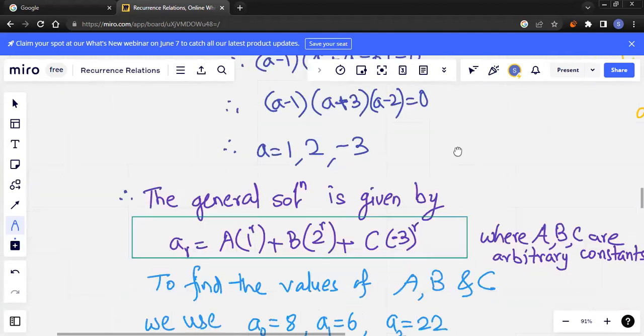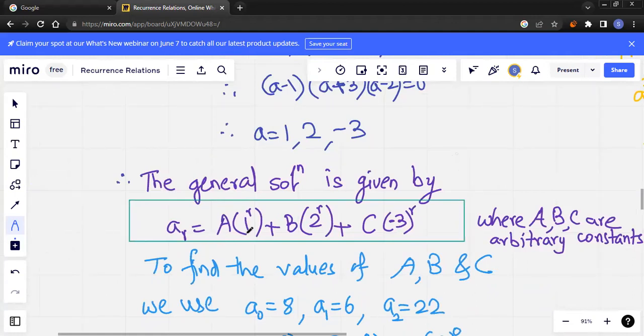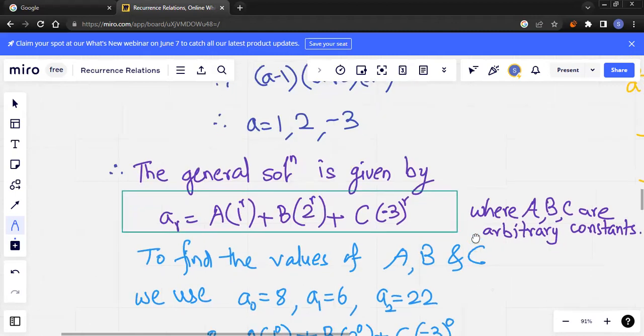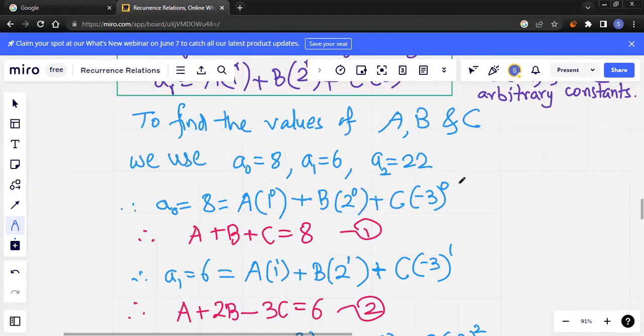So the general solution can be written as what? Some constant times 1 raised to r plus constant times 2 raised to r plus constant times minus 3 raised to r. This is the solution. What are a, b and c? They are arbitrary constants. Now to find the values of a, b and c, we have to use the given initial condition.